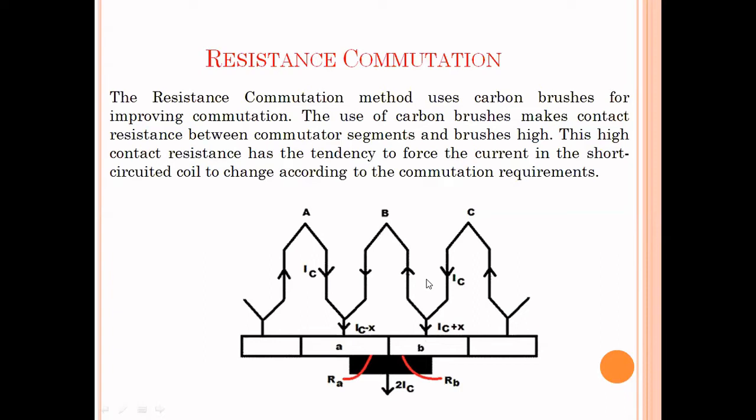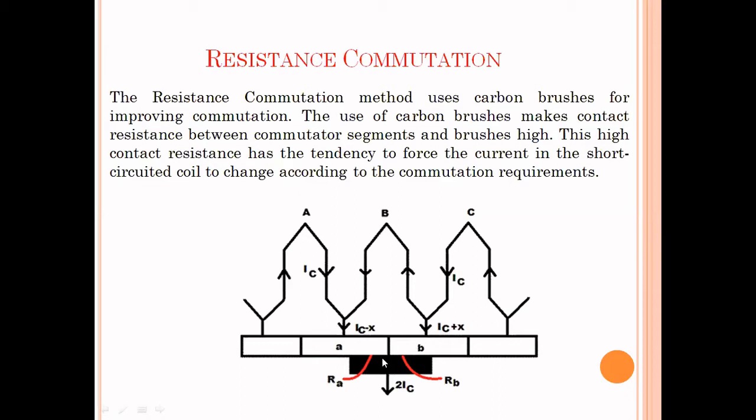Now, we know that whenever a coil is undergoing short circuit, it must carry the current in the reverse direction. Here coil B is undergoing short circuit by the commutator segment.